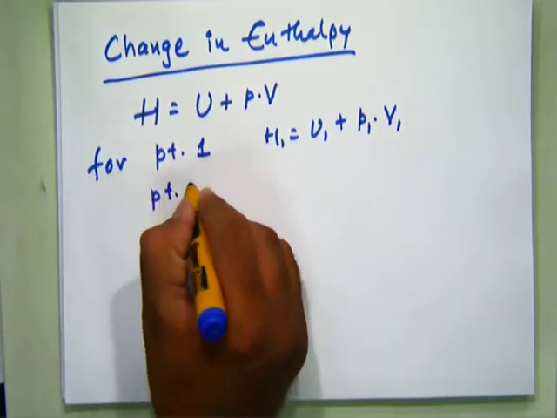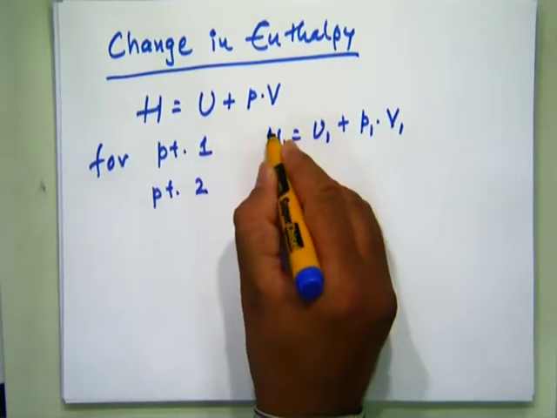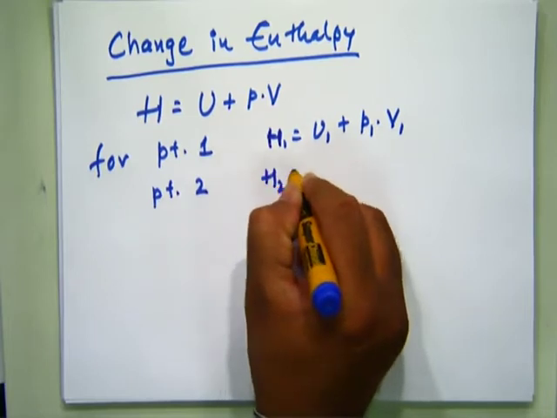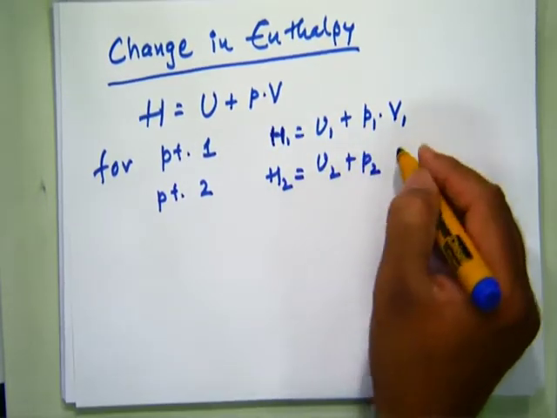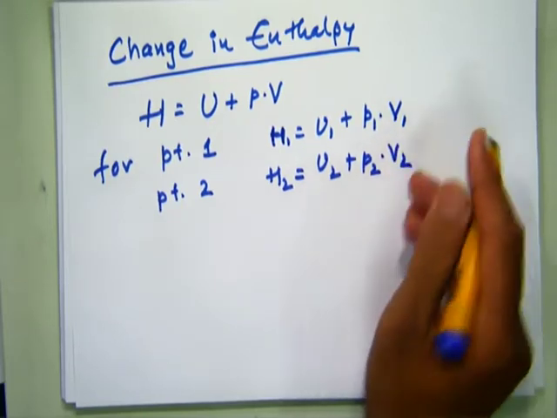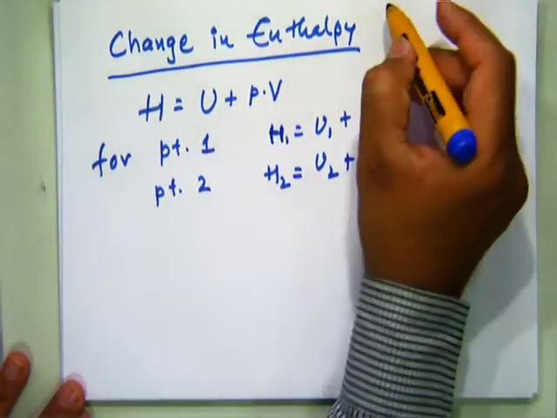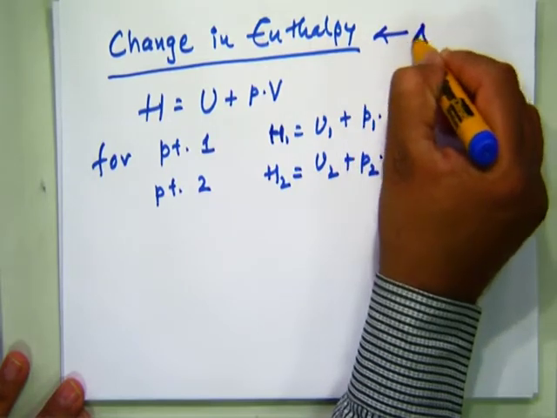At the end of the process, point 2, H2 is equal to U2 plus P2 V2.